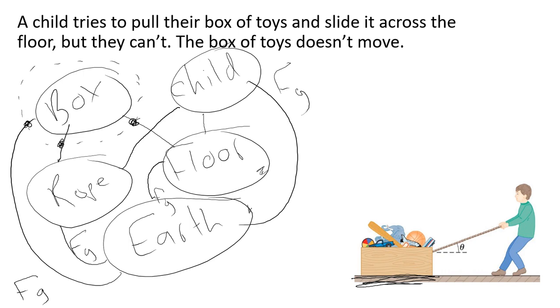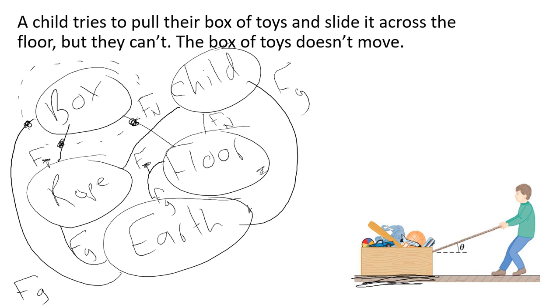Now if I look at the box and the rope, there's a force there, and that is going to be a tension force. So F with a capital T for tension. And same thing with the child and the rope. That's a tension force. And now all the others are surface-to-surface contact. So the box and the floor has a normal force, as does the child and the floor. Okay.